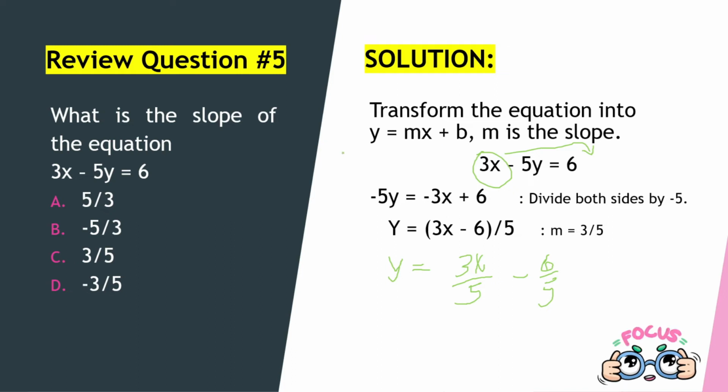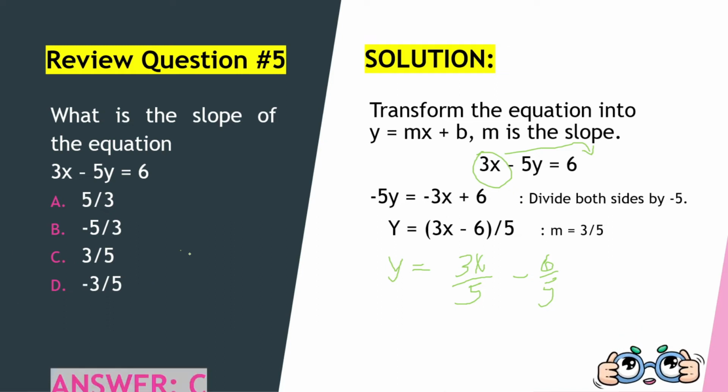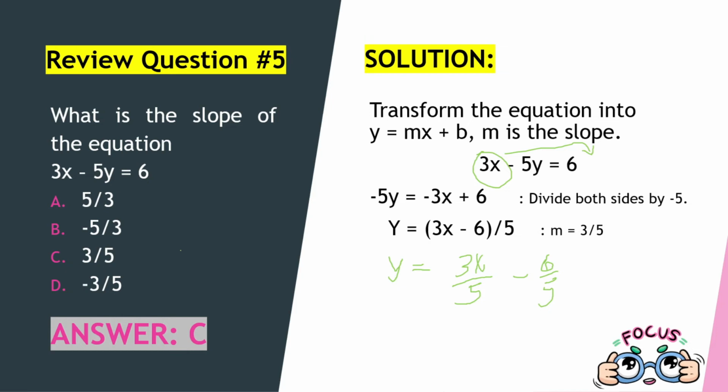So, the slope is this 3 over 5, the one beside x, right? That will be our slope, 3 over 5. And this is the y-intercept, negative 6 over 5. Therefore, the answer here is letter C, 3/5.